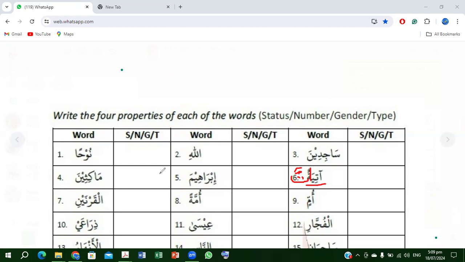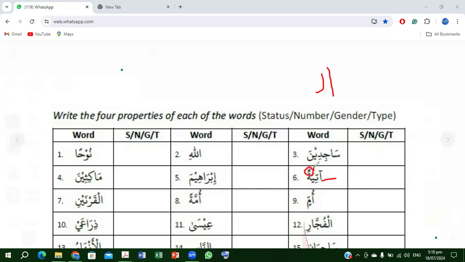Okay. Then what next? Type. It is proper noun. How did you understand it's proper noun? Is there any alif lam? Alif lam is a sign of proper noun. Is there an alif lam in the beginning? No. Then it is common.